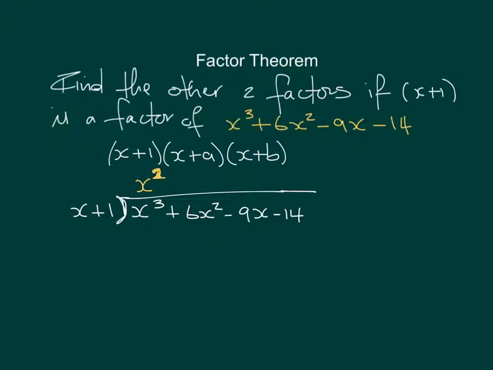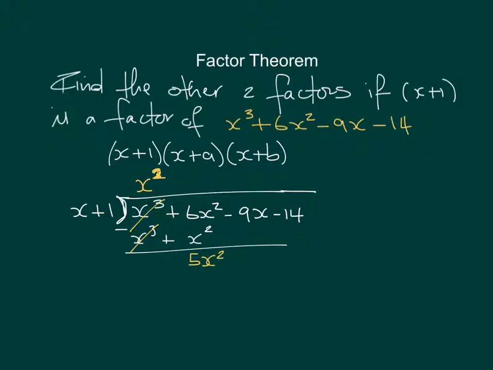So x squared times x gives me x cubed plus x squared times 1 gives me x squared. I now subtract the 2, and x cubed, take away x cubed, cancels out, gives me 0, and 6x squared, take away x squared, gives me 5x squared.